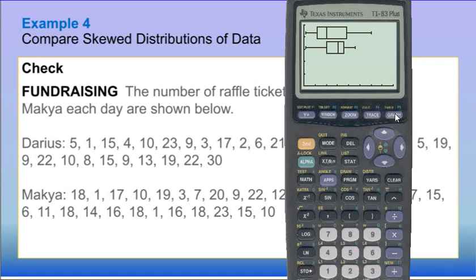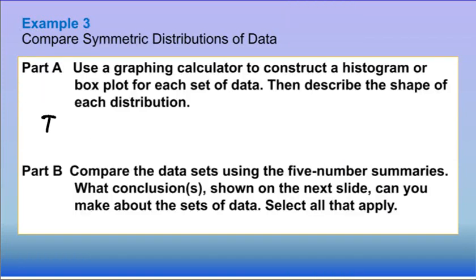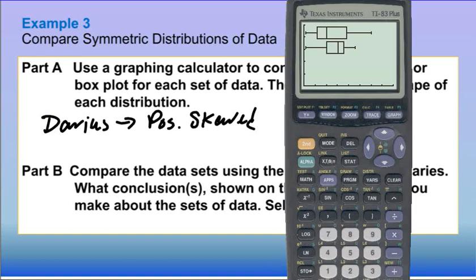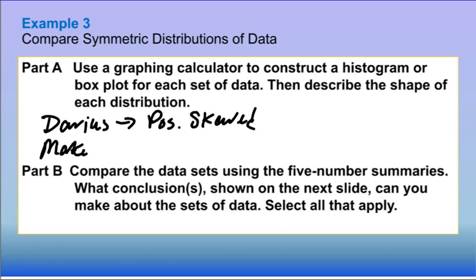We can say the first one, Darius, his whisker is on the right, so that means that is positively skewed. And then we got Micaiah, hers is the other direction, so Micaiah would be negatively skewed.